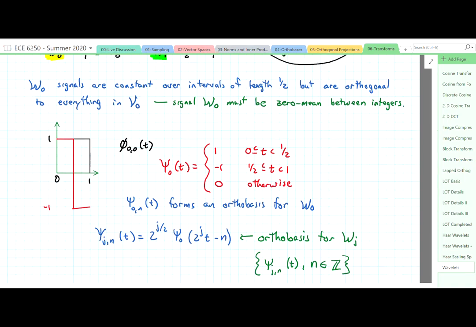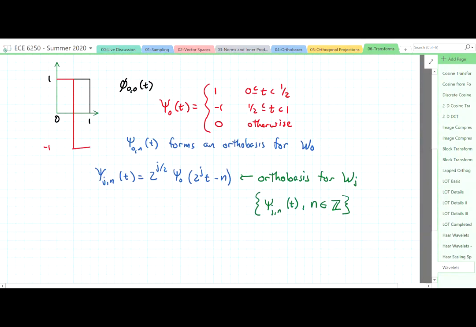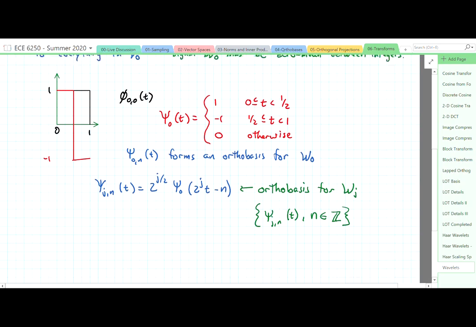Okay, so now we're getting someplace. This now gives us a way of building up our approximation at any scale.